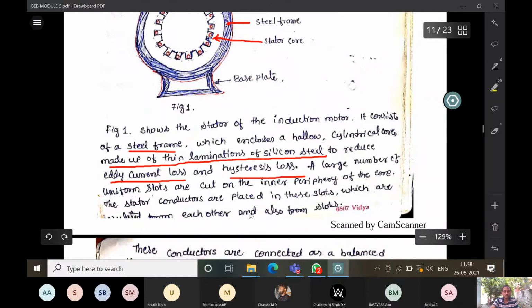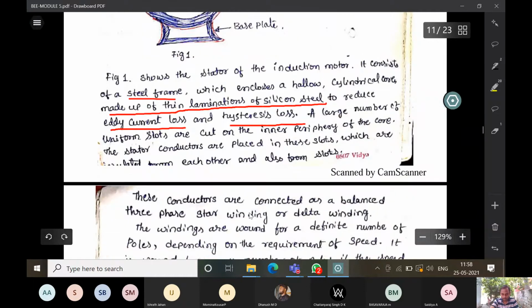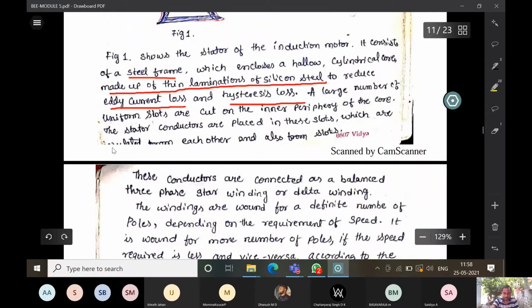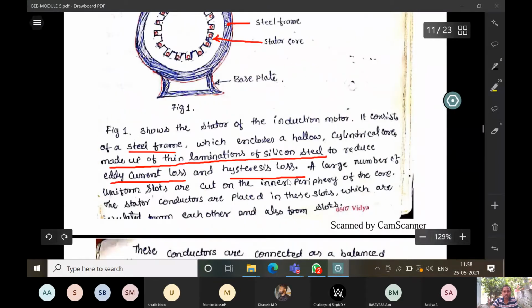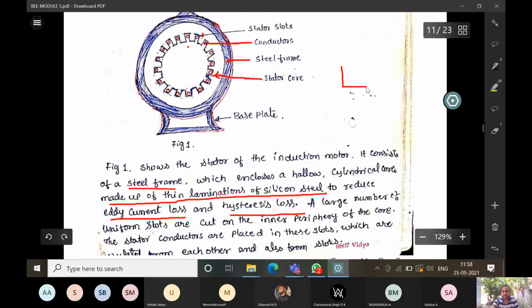The conductors are insulated from each other and also from the slot. From slot to slot there is insulation, and conductor to slot there is also insulation. Suppose this is the slot, this is the conductor, so there is insulation between slot to slot and also conductor to slot.